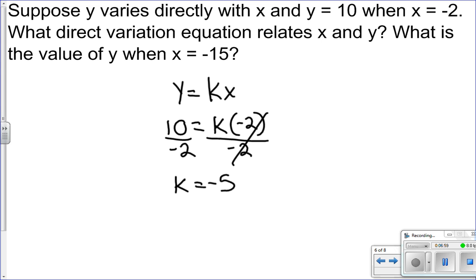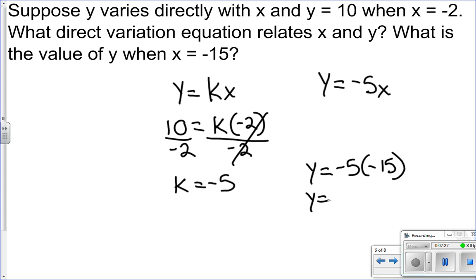So my direct variation equation that relates x and y is y equals -5x. And the next part says, what is the value of y when x equals -15? So I'm going to plug that in. I get y equals -5, and when x equals -15, what is the value?